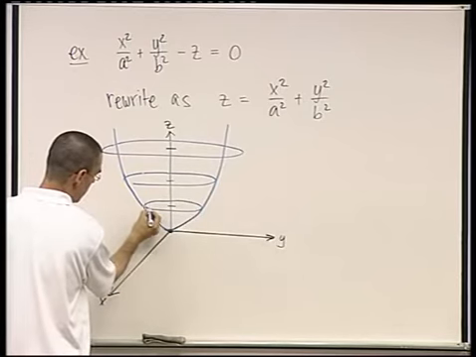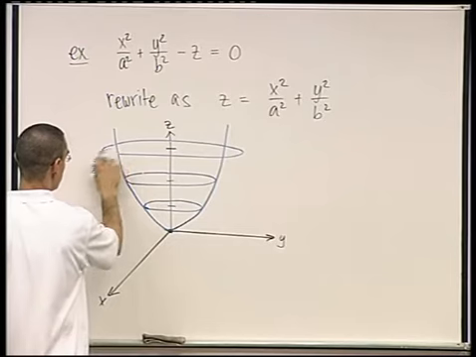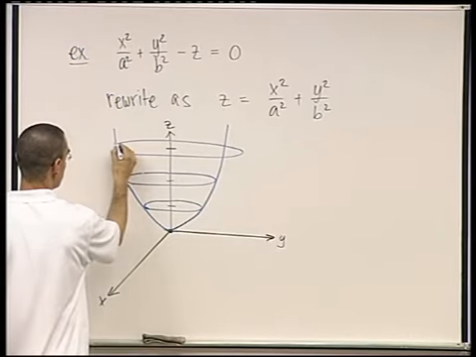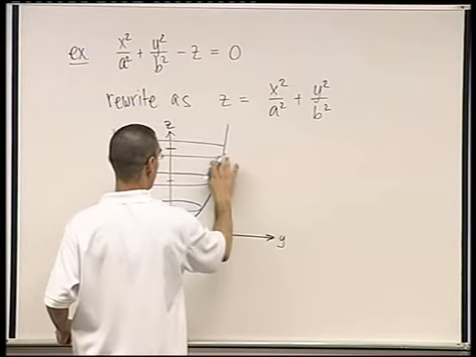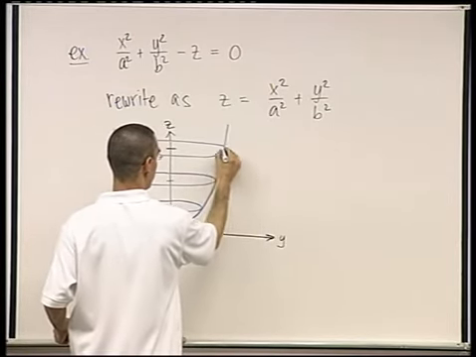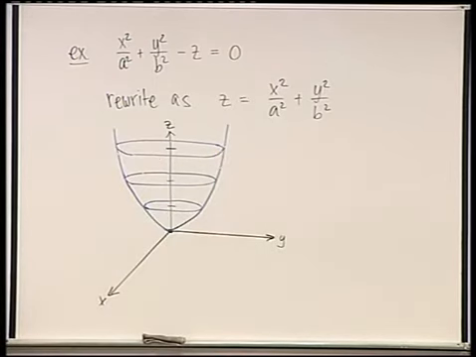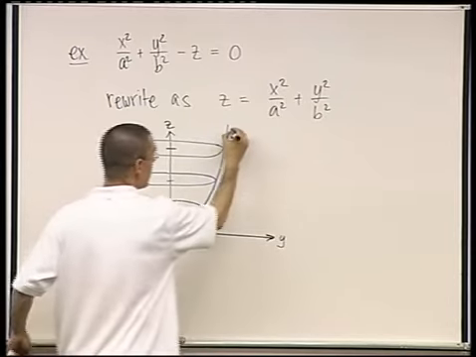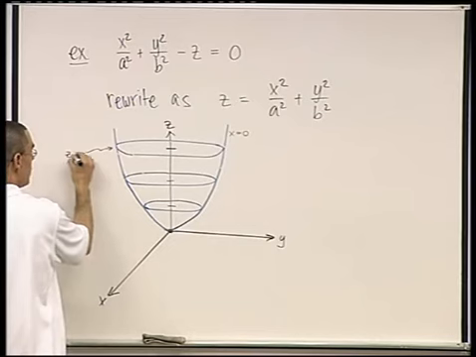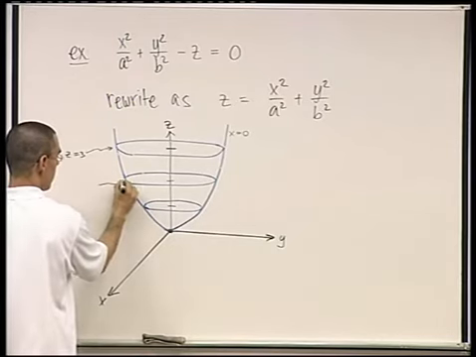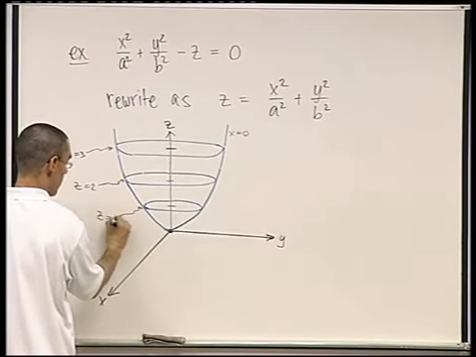Okay, and now I'm just going to fix these a bit. Do you agree? Okay, so this is what I get for x equals 0, and these are what I get for z equals 3, z equals 2, z equals 1.